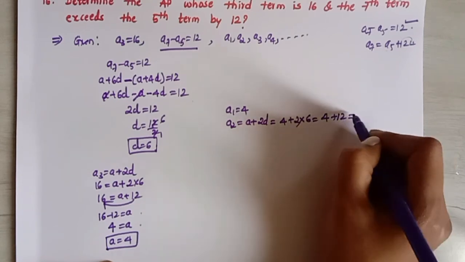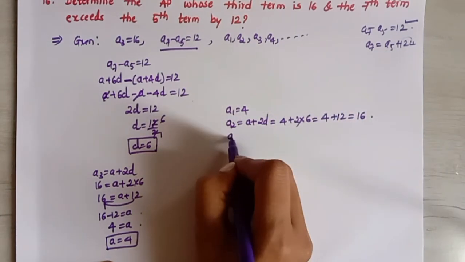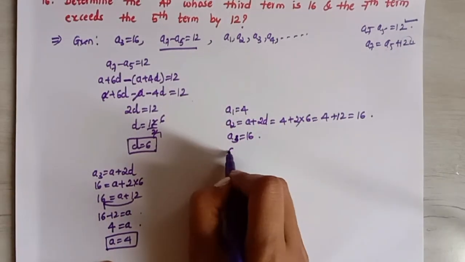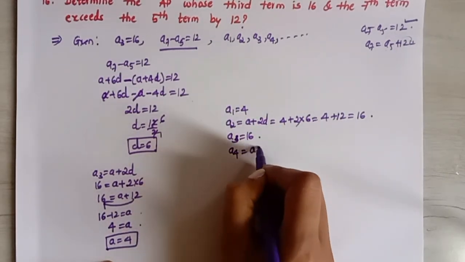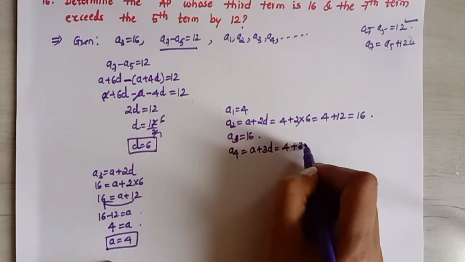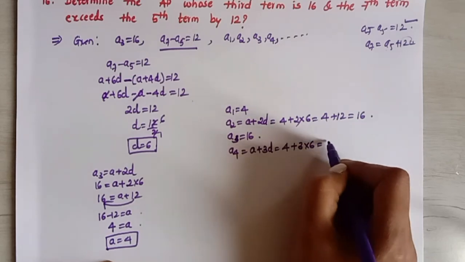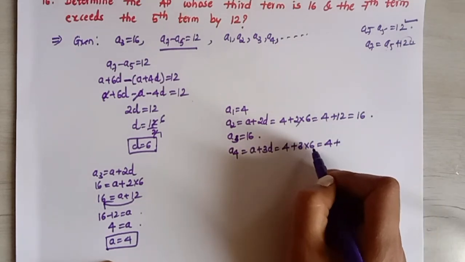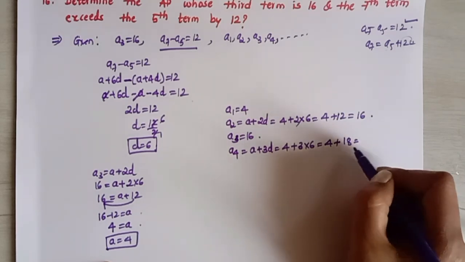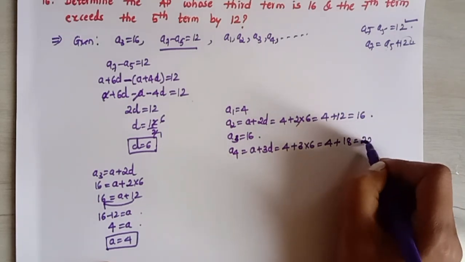So 12 plus 4 is 16. So what is A3? A3 is already given, that is 16. So what is A4? A4 is A plus 3D. So what is A? A is 4 plus 3 into what is D? It is 6. So which is equal to 4 plus 3 sixes are 18. So 18 plus 4 is 22.